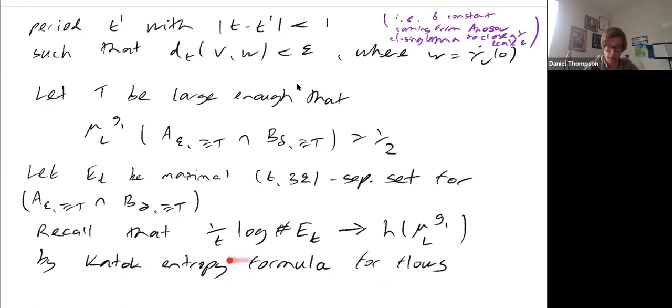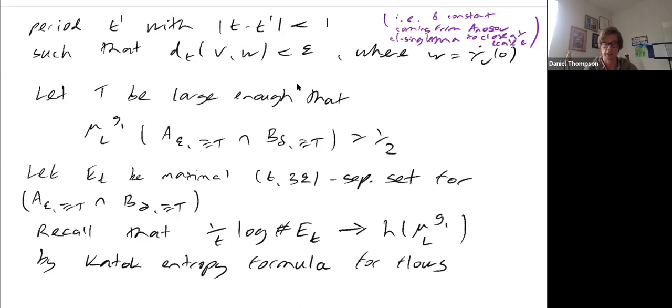And I believe that the first time the Katok entropy formula was written down and proved was actually for this very proof. I think it was discovered in the proof of the result we're doing now. So it appears in Katok's 1980 paper in the publications of the IHES.